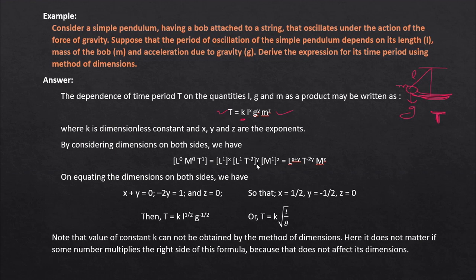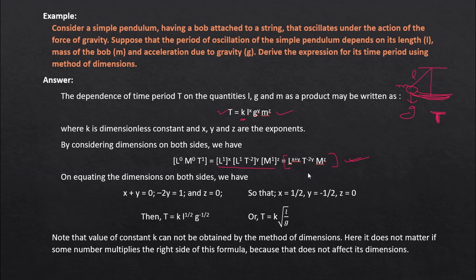M has the dimension M to the power z. If we simplify this, we will find L to the power x plus y, T to the power minus 2y, and M to the power z. This is the dimension of the right hand side, and the left hand side is T.